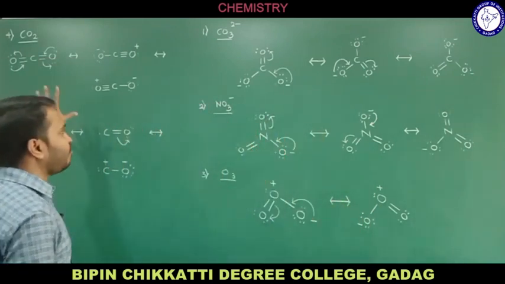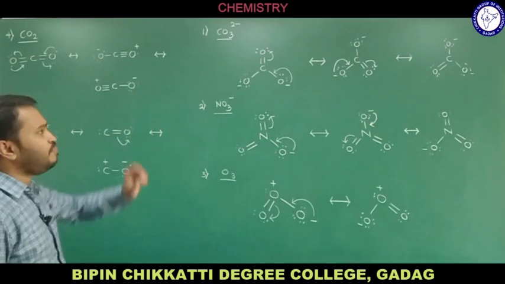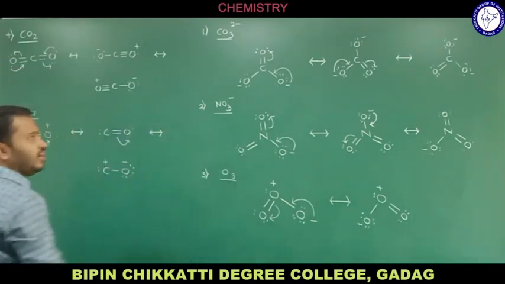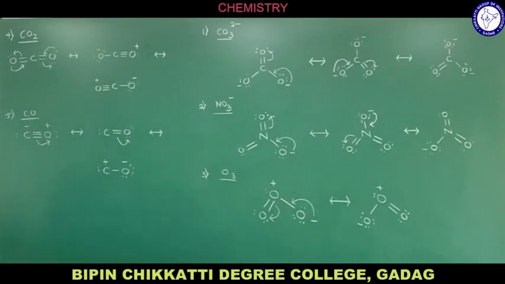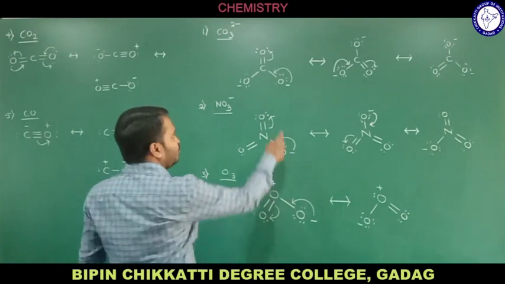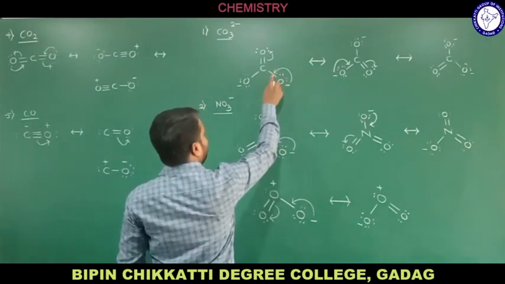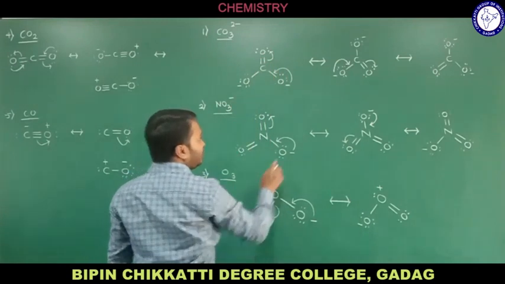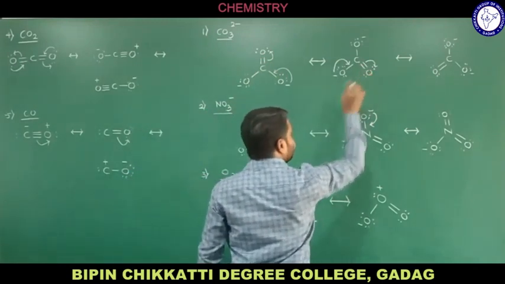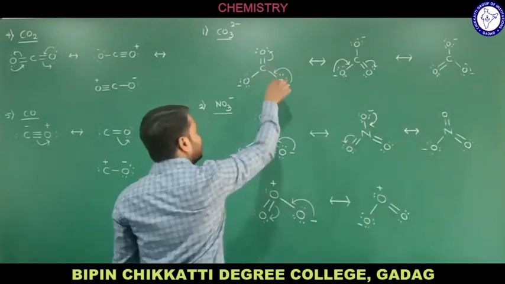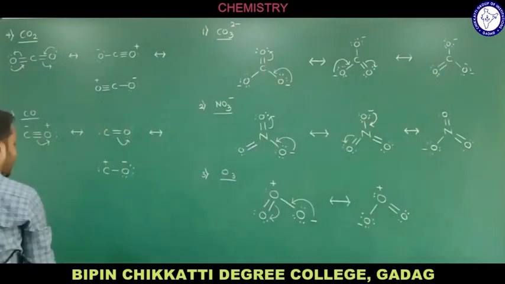Now we can draw the resonance hybrid for all, but let me explain only one example. So now I consider the first example, carbonate ion, and how we can draw the resonance hybrid for that. As you know, in this particular example, there will be a shift of electrons in this fashion also. Here we have carbon double bond oxygen in this particular structure, carbon double bond oxygen. So this is how we have 3 paths where the electron is going to shift.